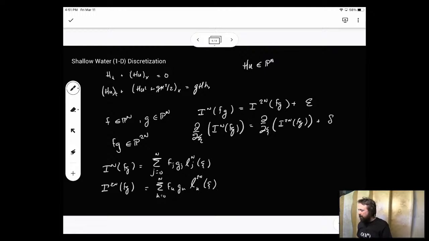All right, so if I take the difference of these, I can get this delta function, this error that I'm looking for.